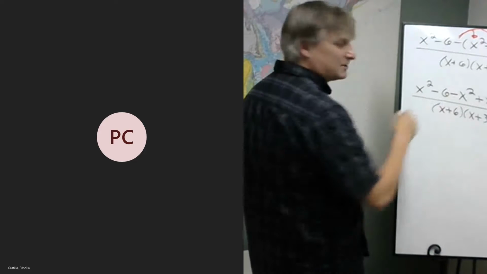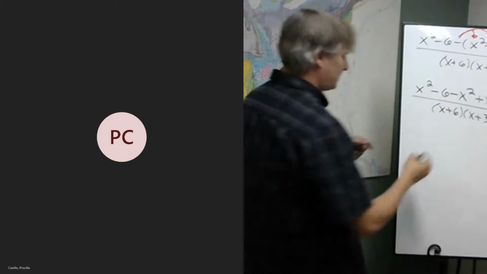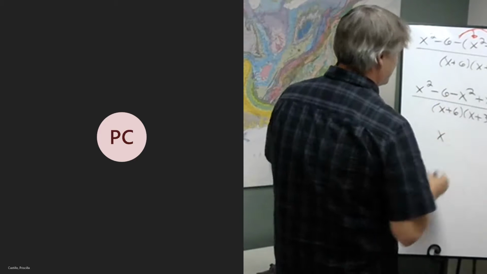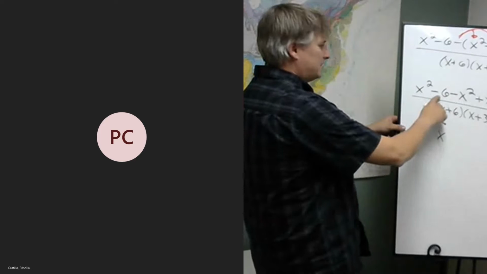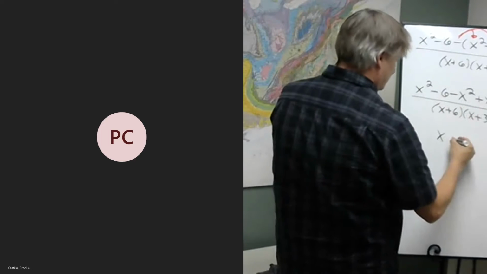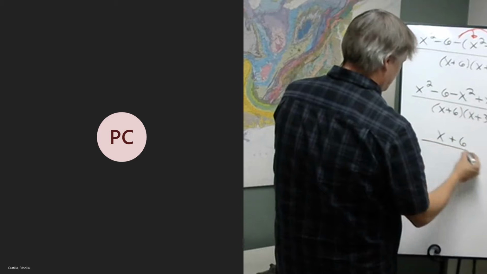So x squared minus x squared, those will cancel out. We've got an x on top here. And then negative 6 plus 12, positive 6.